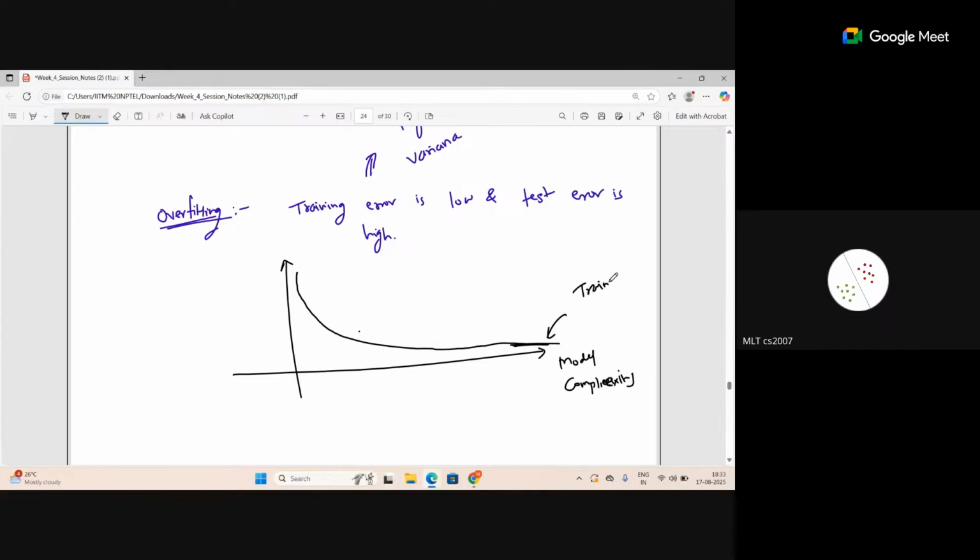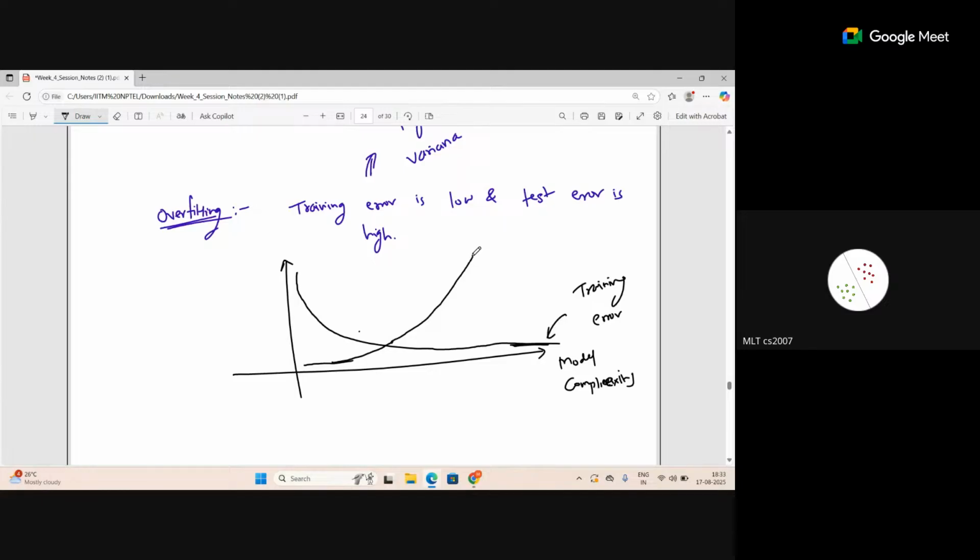The training error will decrease as you increase the model complexity. And initially, with the simplest model, your test error will be low. As you increase the model complexity, generally the test error will start increasing.